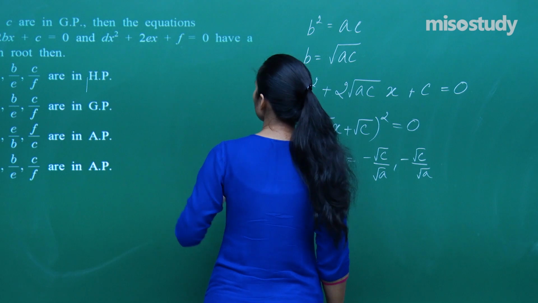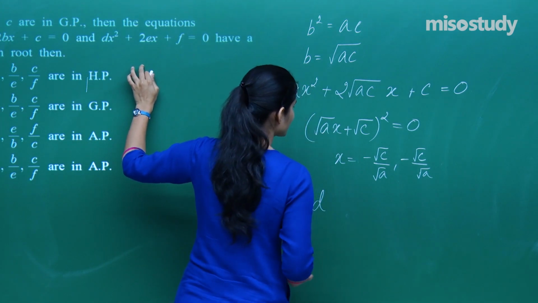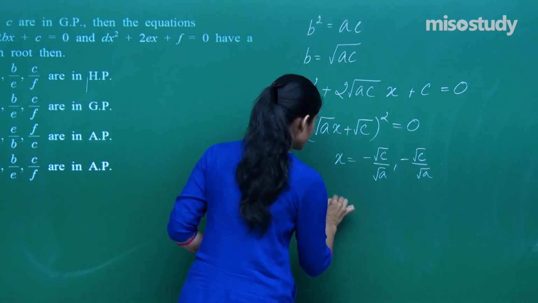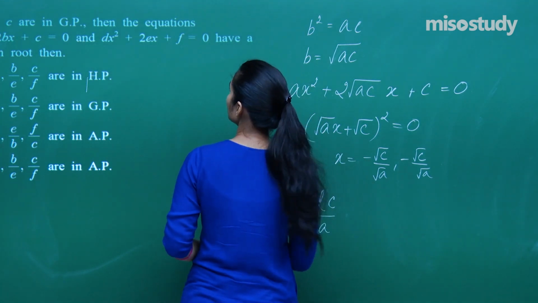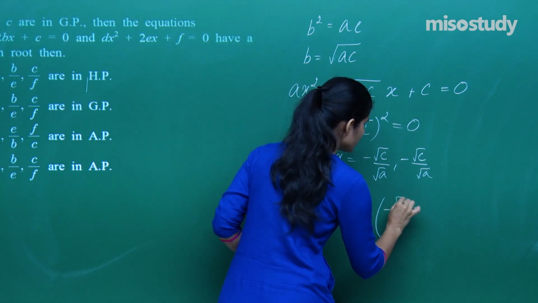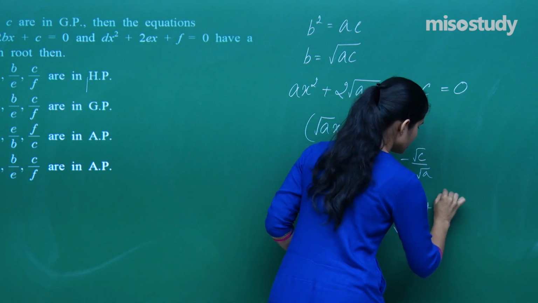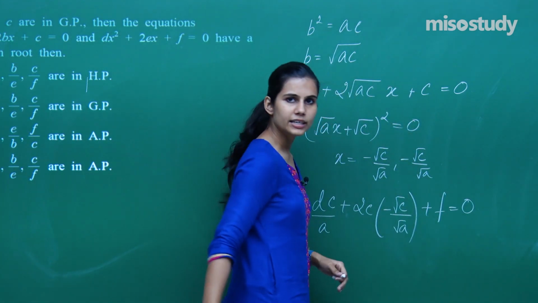Because this is a common root, so it will satisfy the next equation also. So you have d x square, that is square of this, which is C by A, plus 2e x, x is minus root C by root A, plus f equals 0.